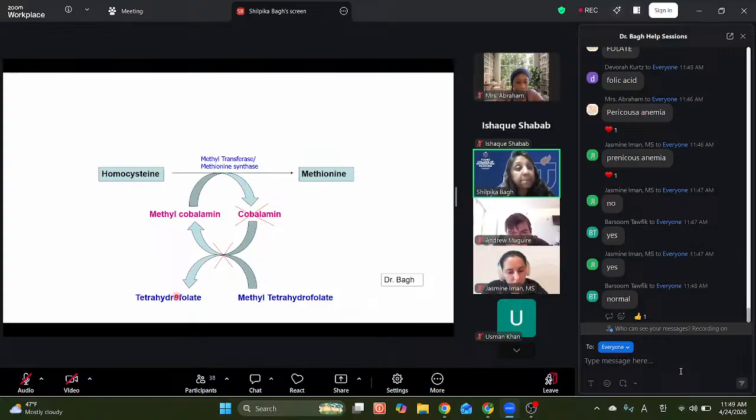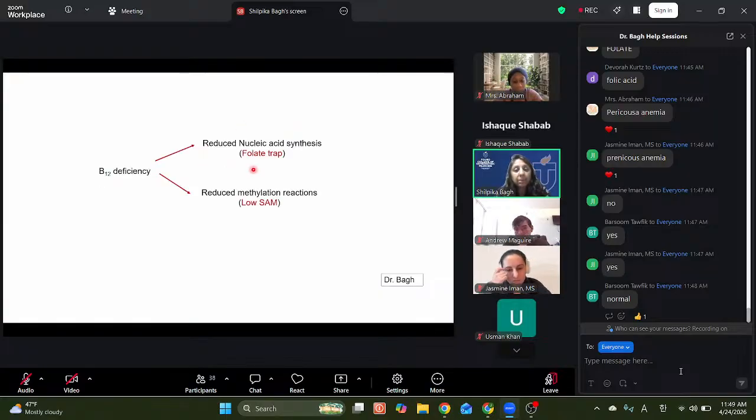This is a very important reaction for forming the active form of folate, or free tetrahydrofolate. You can be eating so much folate from diet, right? You get folate from this reaction mainly. And this is blocked in B12 deficiency, which means that folate is not functional, right? Folate trap means folate is not functional.